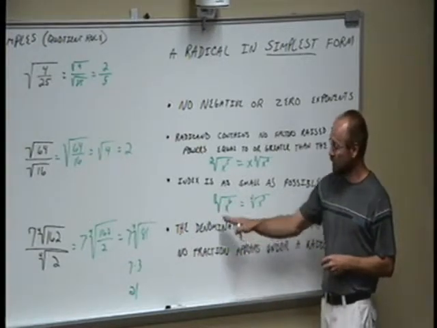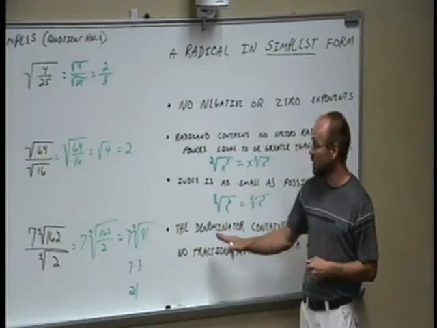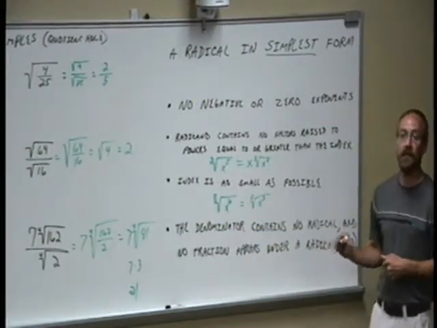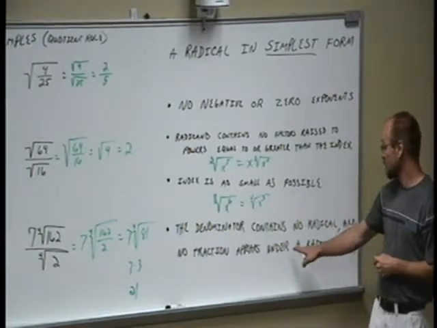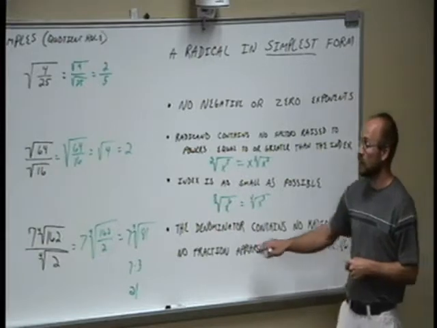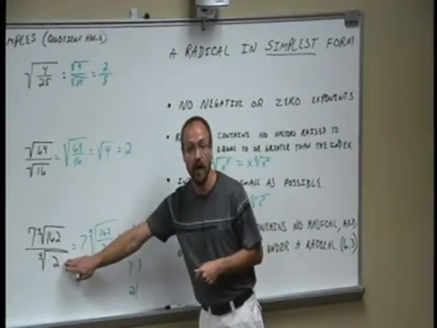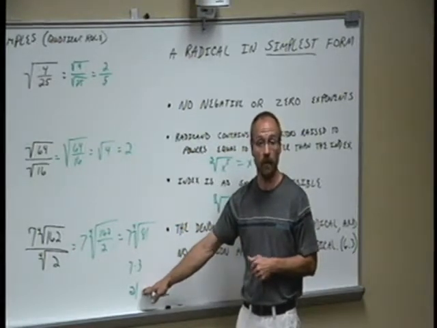And then the last thing we have to be aware of or keep account of when we're simplifying radicals is the denominator contains no radicals and no fractions appear under the radical. Now that kind of goes back to our quotient rule here. Hey, we had a radical in the denominator. When we finally came to our answer, there was no radical in the denominator.